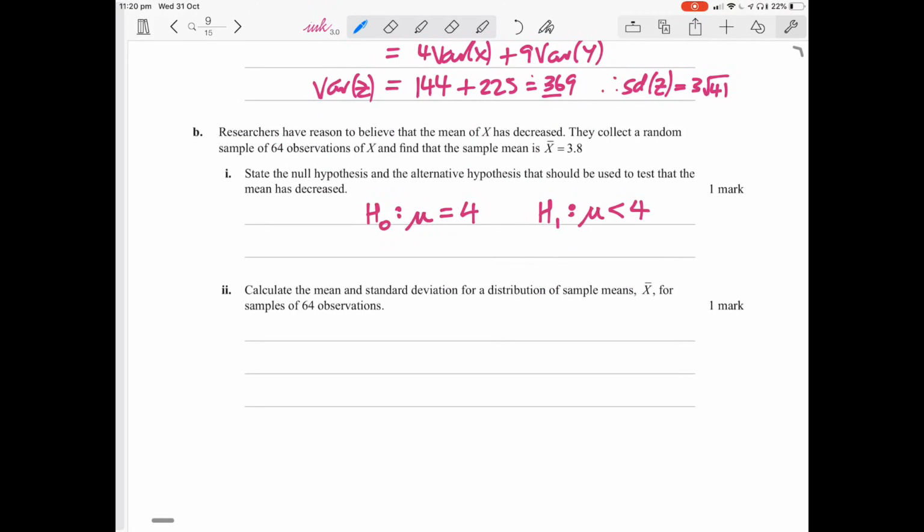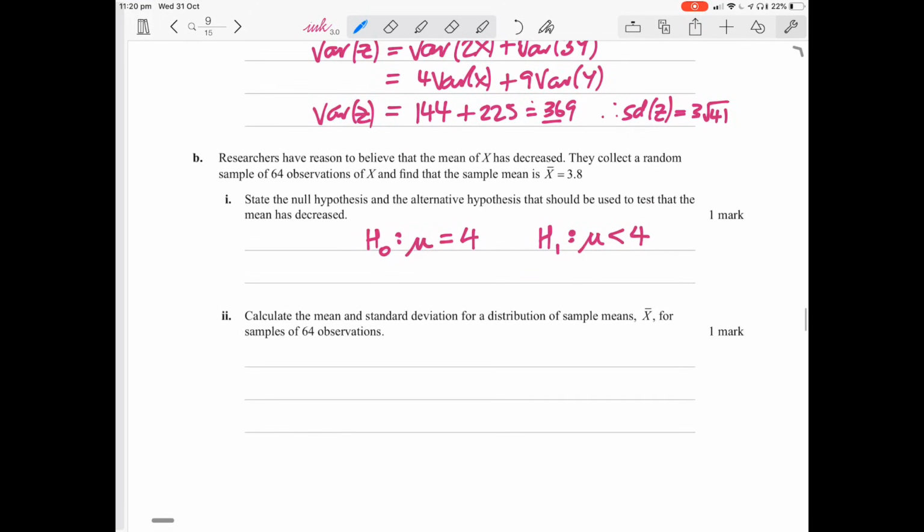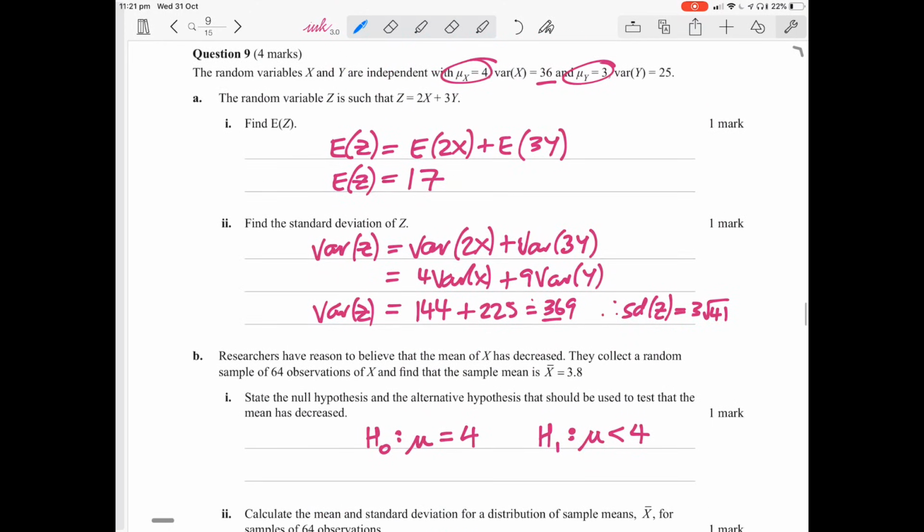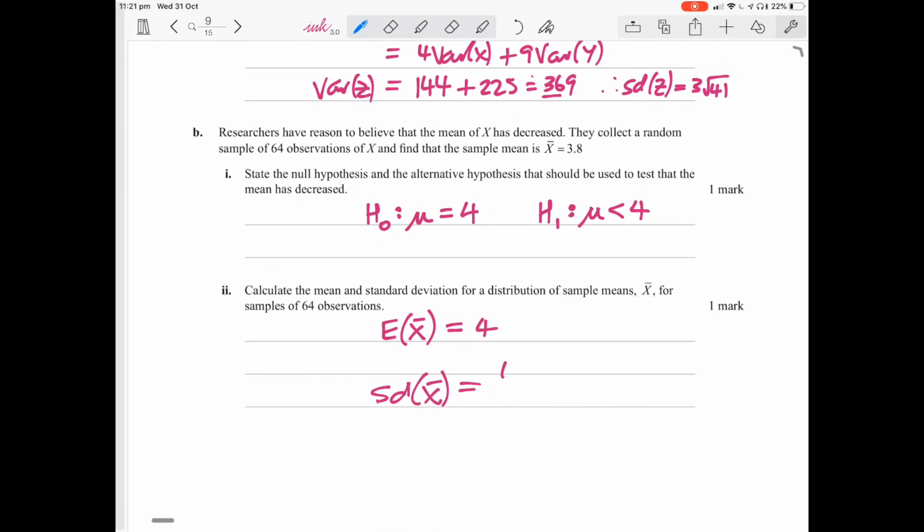Okay, calculate the mean and standard deviation for a distribution of sample means x bar for samples of 64 observations. So E of x bar is the same as my population mean, and my standard deviation of x bar is my standard deviation, which is 6, because it's the square root of that, on the square root of the number in the sample, 64.